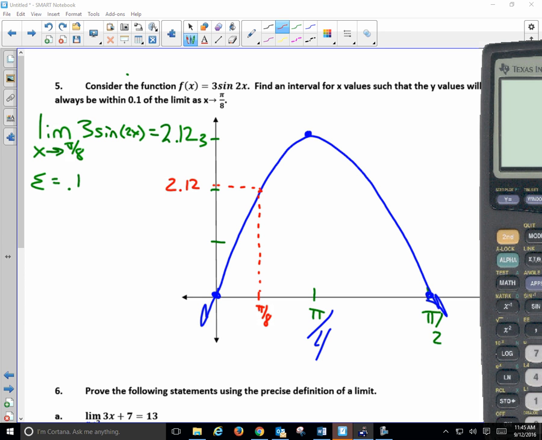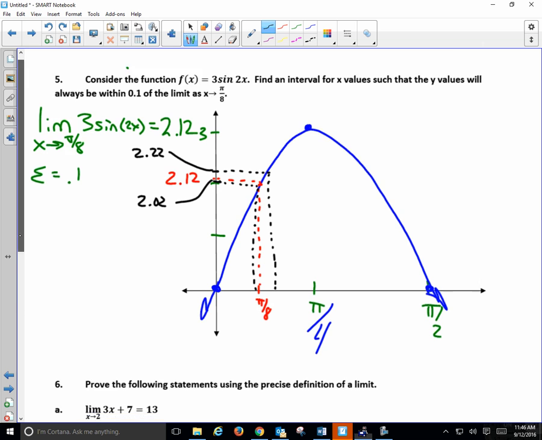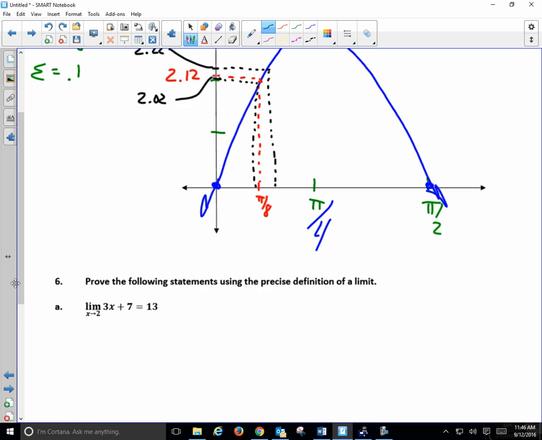So now what? What's the epsilon? So go up to, right, that'll be that spot right there, and then okay.